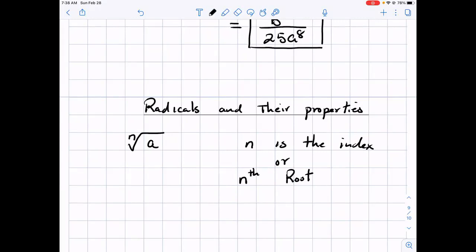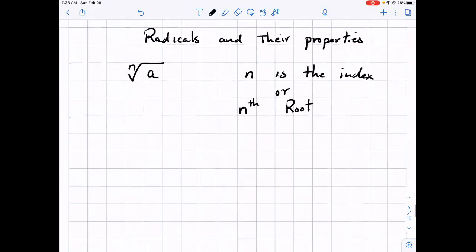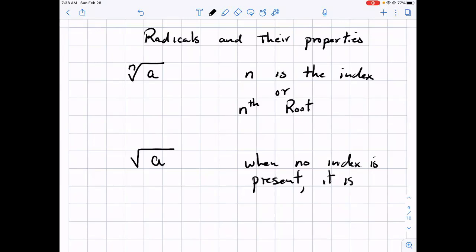So generally when we don't see a power, when no index is present, it is 2.